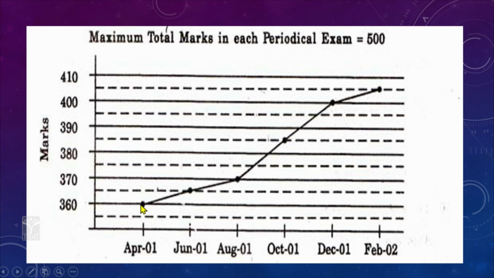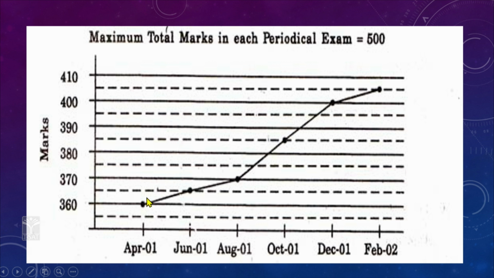You join this point to this point with a line segment, this point to this point a line segment, and so on. This is simply what we call a frequency polygon.